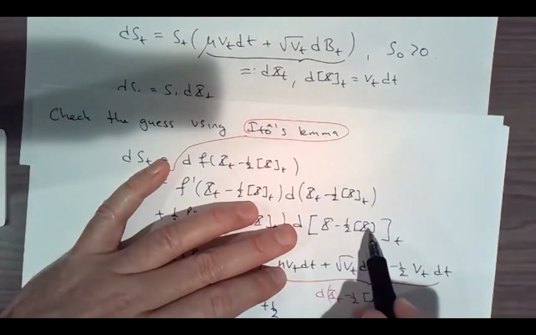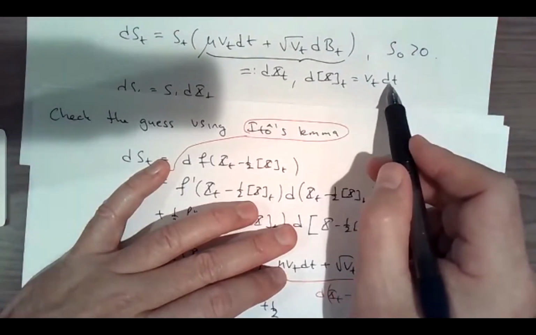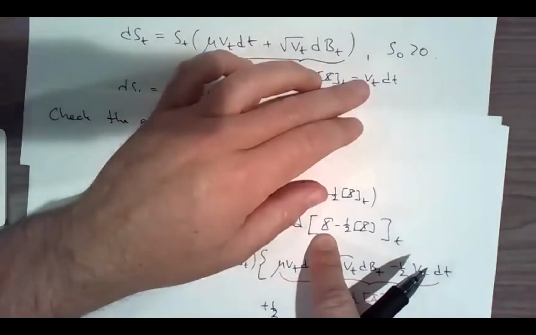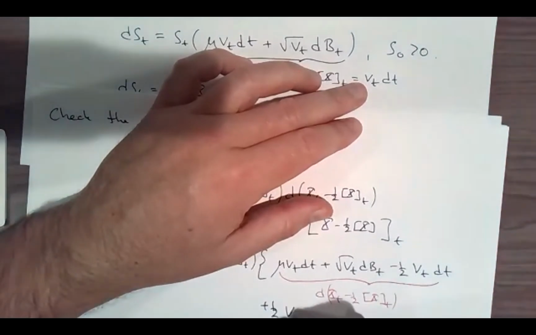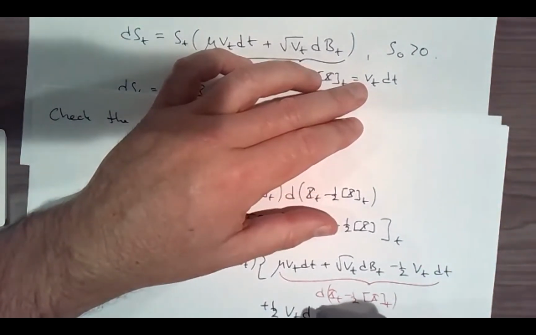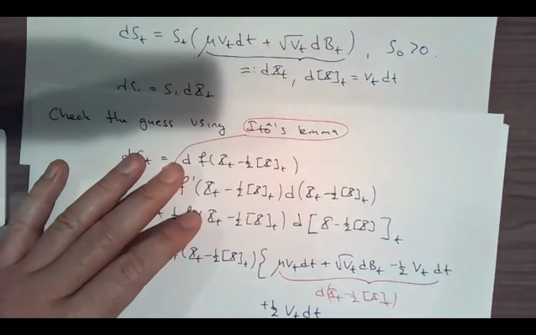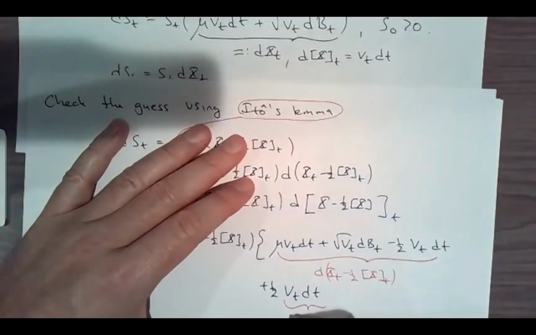So the quadratic variation of X just has a dt term, so I can forget about it. I'll just get here the quadratic variation of X, which is v dt. Right, this part here, this is d of X, which is equal to d of X minus 1/2 quadratic variation of X.